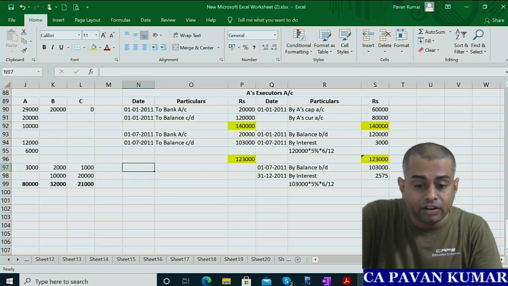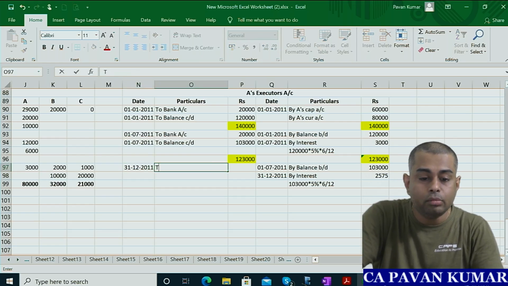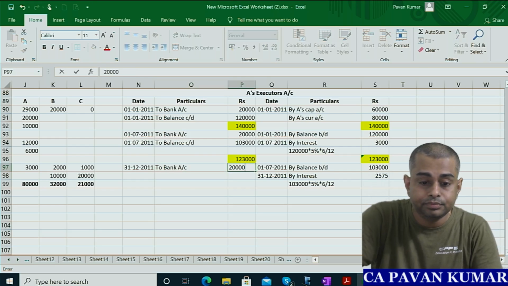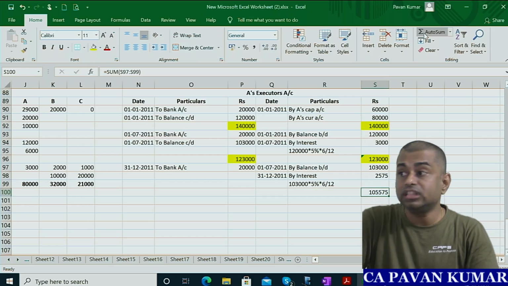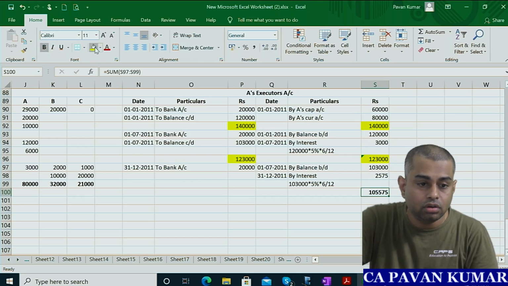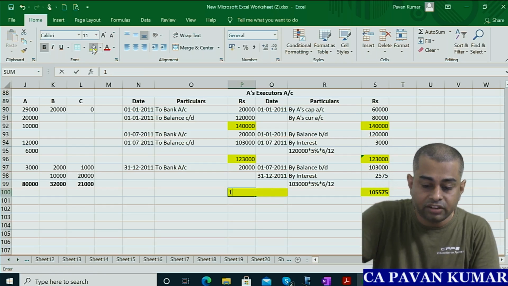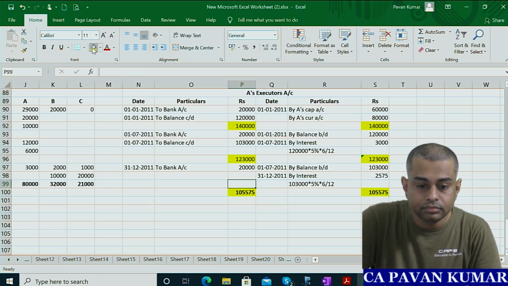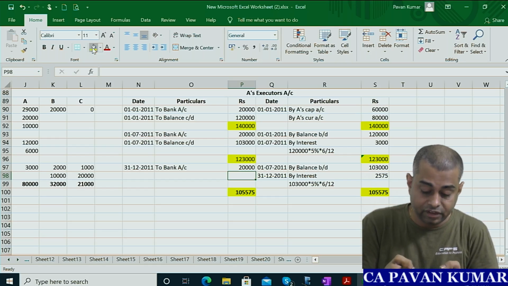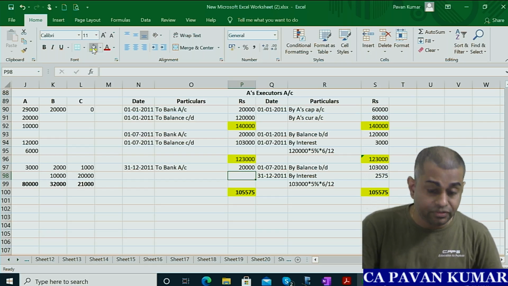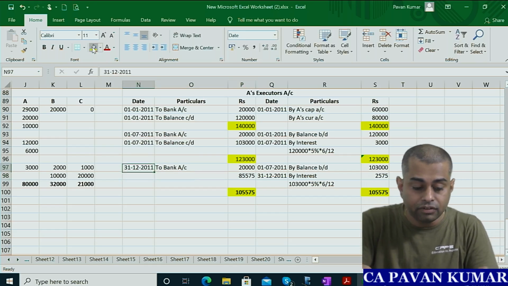On that day also, 31/12/2011 also, how much you paid to bank? 20,000 paid. So what is the total here? 1,05,575. So bring it to the debit side also. 1,05,575. Okay, so here minus 20,000. 1,05,575 minus 20,000. 85,575 is the balance. 85,575 is the balance when this balance is on 31/12/2011.